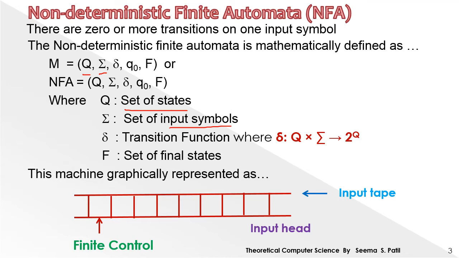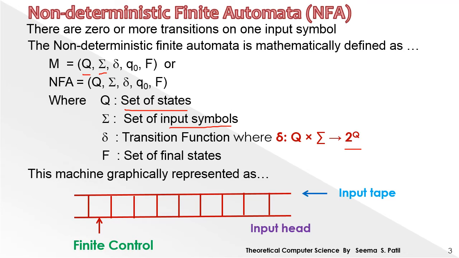Here the transition function is δ: Q × Σ → 2^Q. But in DFA there is a little change, that is δ: Q × Σ → Q only. That is the difference between NFA and DFA. And F is the set of final states.